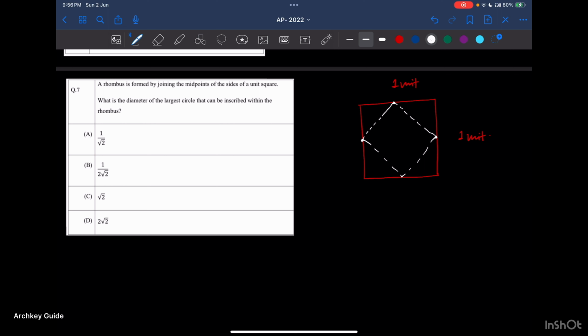Yeah. Next question. What is the diameter of the largest circle that can be inscribed inside of the rhombus? Okay? Since it's called inscribed, it's going to be inside. So I'll try to mark the center somewhere here.